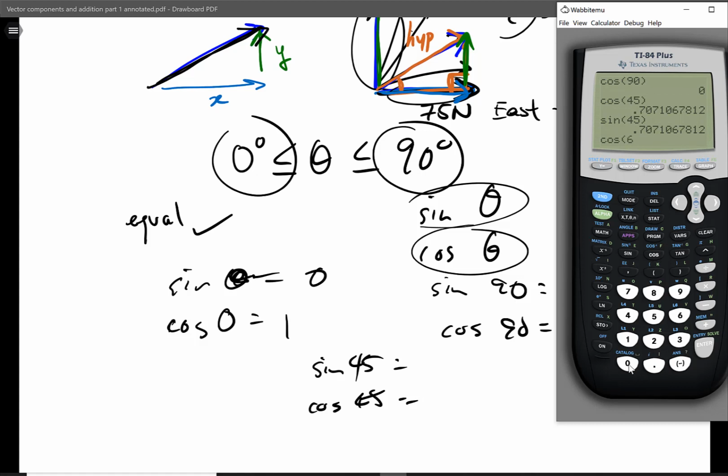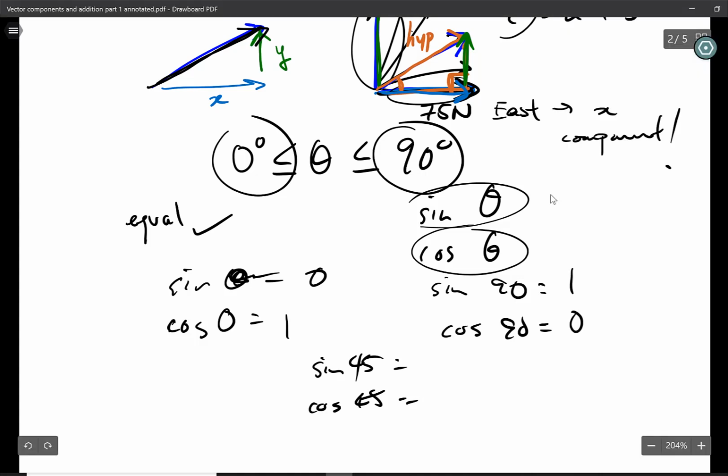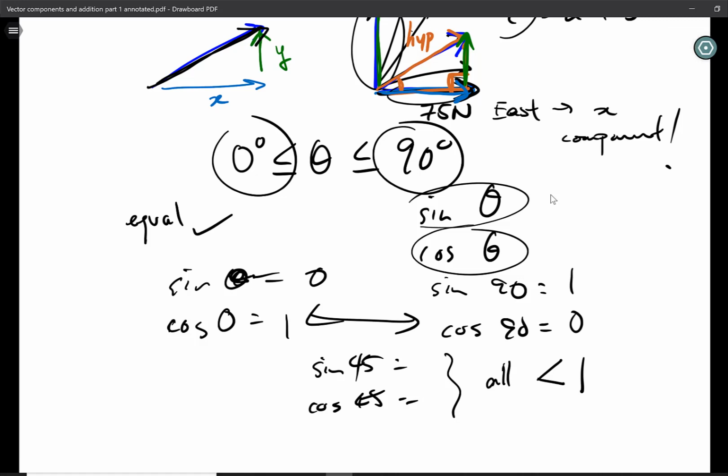Cosine 60 degrees, we get 0.5. Sine of 60, we get 0.866. None of these numbers are greater than 1. In between, they're all less than 1. You don't believe me? If you have free time, please try it yourself.